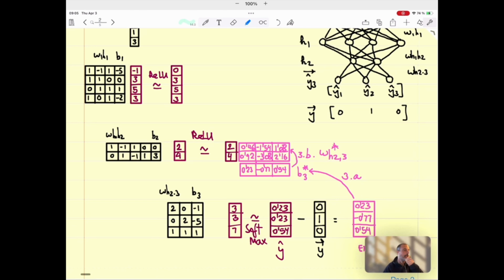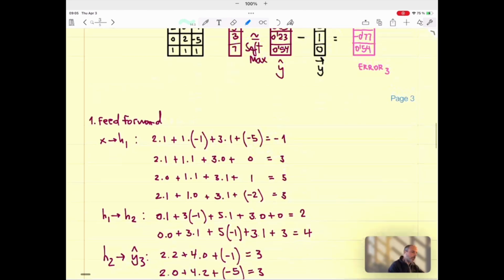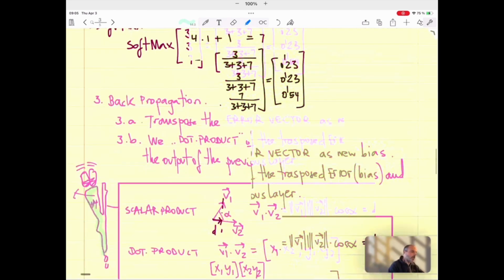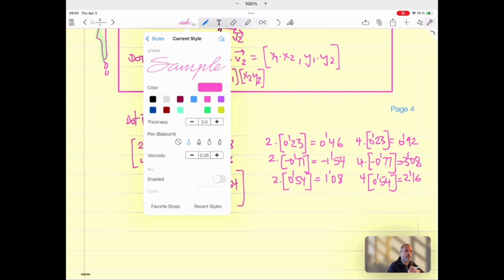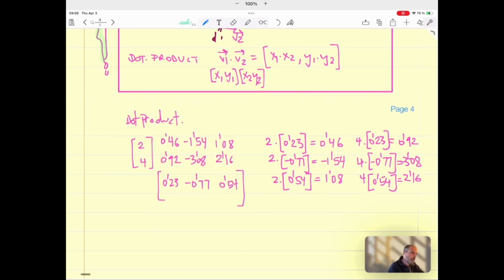So the third step in the backpropagation steps is going to be like this. I'll paint it in green.